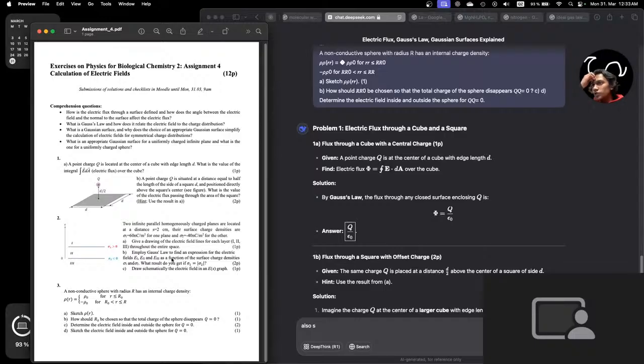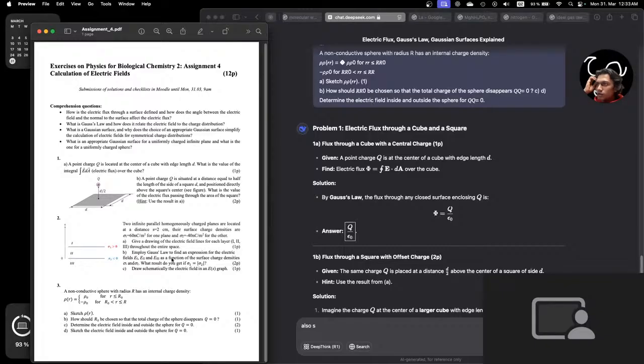Given a point charge Q is at the center of the cube with edge length d. Okay, electric flux equals the integral of E dot dA.